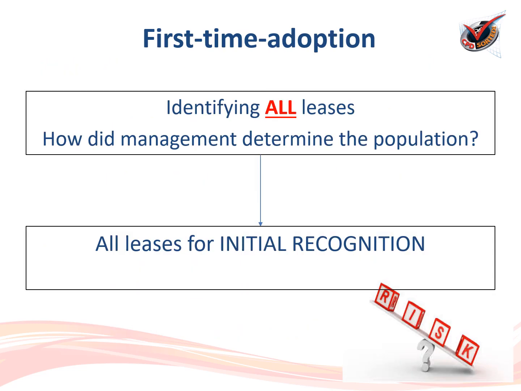Then with regard to the first time adoption, there would need to be an evaluation of the process performed by management to ensure that the completeness of all assets and liabilities that should have been recorded have been recorded, and the related disclosures have been made in the financial statements.